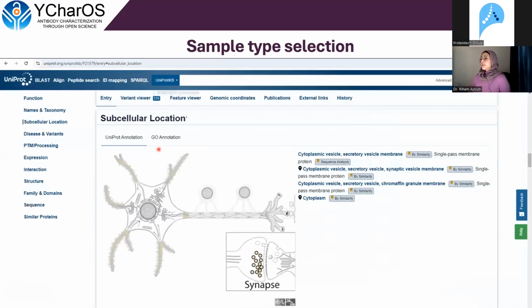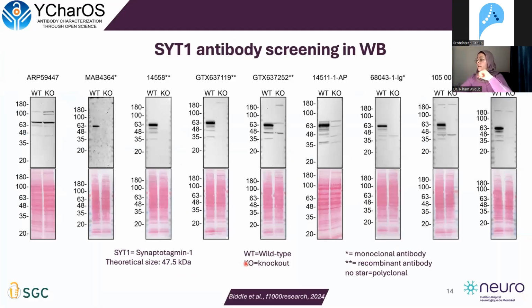In preparation for protein extraction, of course, to start with the testing, the target is first searched on UniProt, looking for information like theoretical mass and subcellular location. And in this case, because synaptotagmin-1 is intracellular, lysates were prepared and processed by SDS-PAGE, and the antibody screening in Western blot is done first.